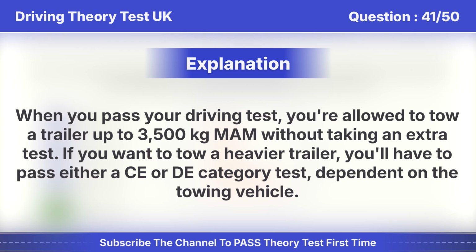When you pass your driving test, you're allowed to tow a trailer up to 3,500 kilograms MAM without taking an extra test. If you want to tow a heavier trailer, you'll have to pass either a CE or DE category test, dependent on the towing vehicle.